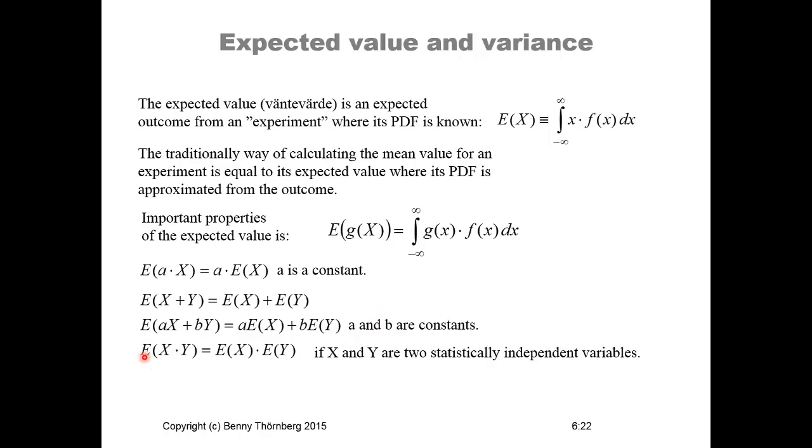The expected value of x times y is equal to the expected value of x times the expected value of y, only if x and y are two statistically independent variables, which means that both variables behave in a non-deterministic way, but also without any kind of relation between each other.